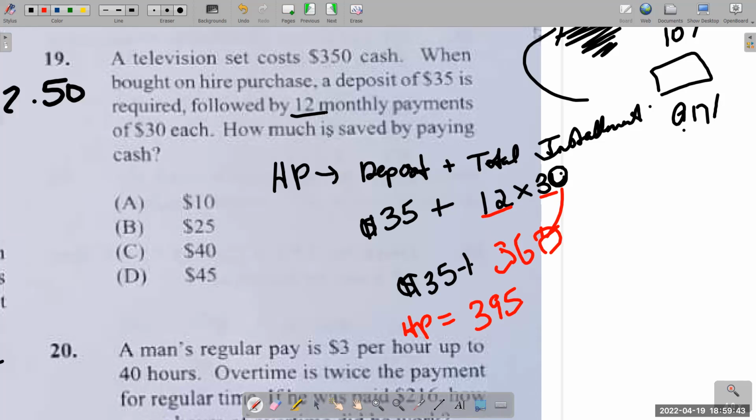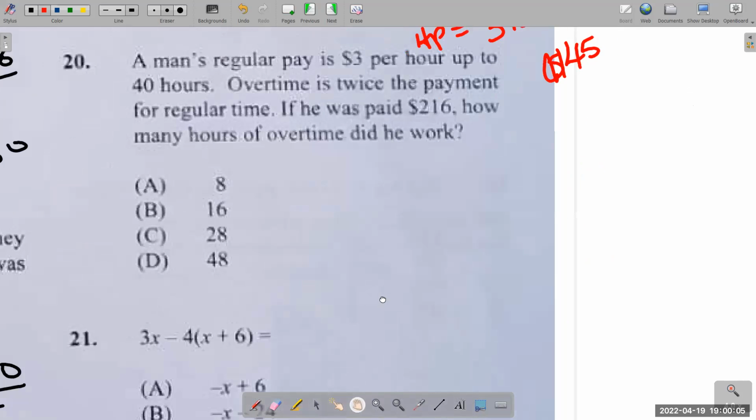What did they ask? How much is saved by paying cash? What do you do, guys? How do you determine how much money is saved? You subtract. Excellent. So you subtract 350, and then you're going to end up with what? $45 is what is saved here. Lot of work, but you could do this. All right, let's keep it moving.